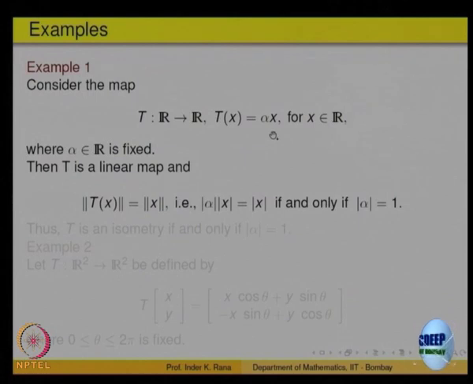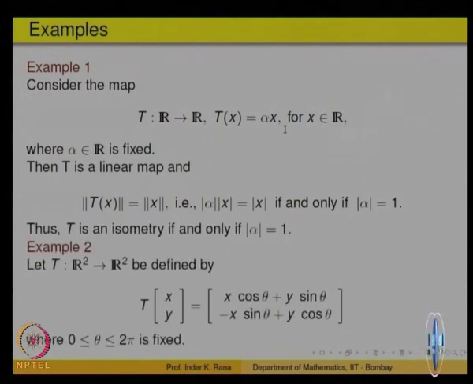That is alpha x. So, you get mod alpha times the absolute value of x must be equal to the absolute value of x, and we want that for all x. So, that will happen if and only if mod alpha is equal to 1. So, the simple example: scalar multiplication by alpha is an isometry if and only if mod alpha is 1. It has to preserve distance, so it can't be anything else.